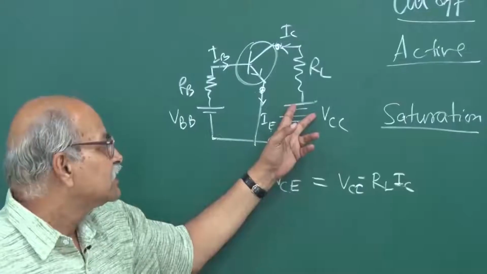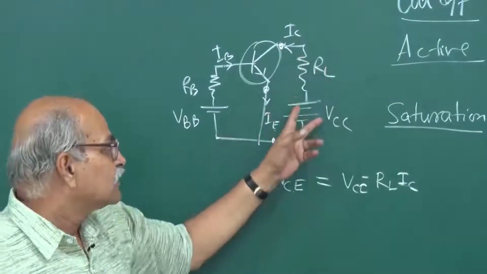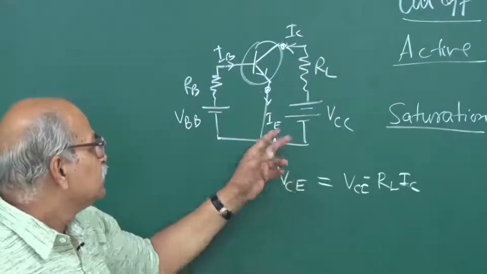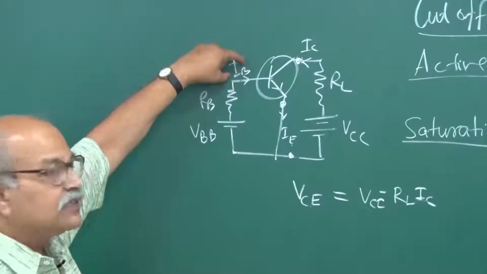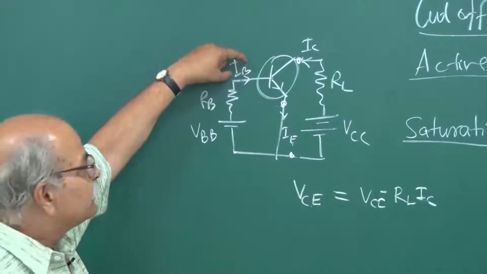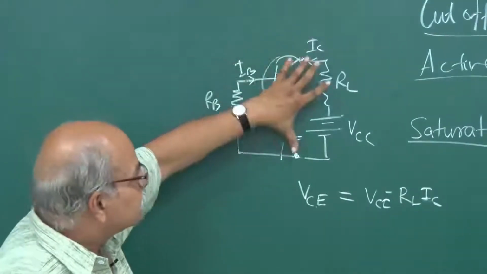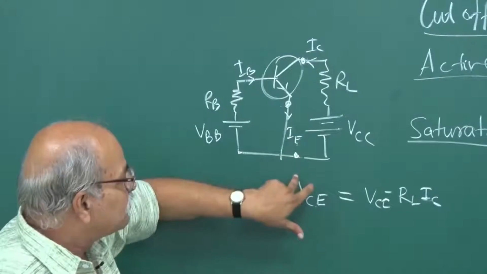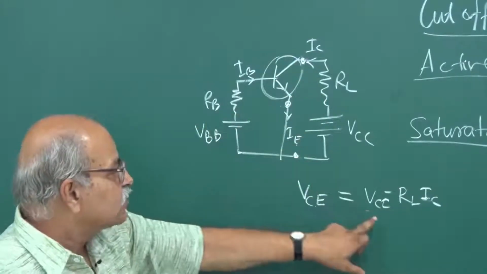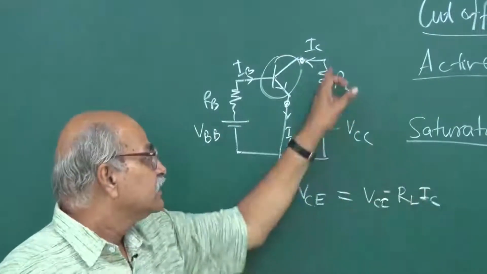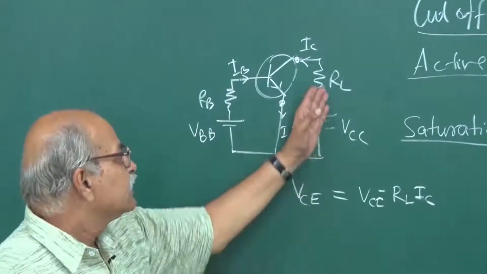We have not changed this RL or this battery, the same is there, but by just increasing this, you can get a situation where now IC is increased so much that this drop is now very small, because this drop is VCC minus RL and IC. The current is going in this direction, remember.